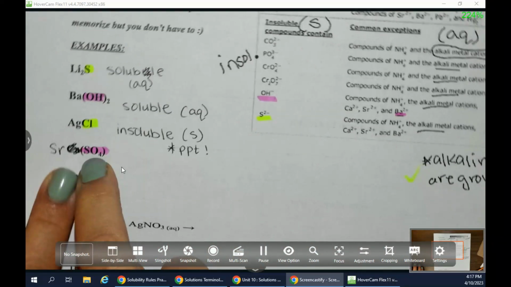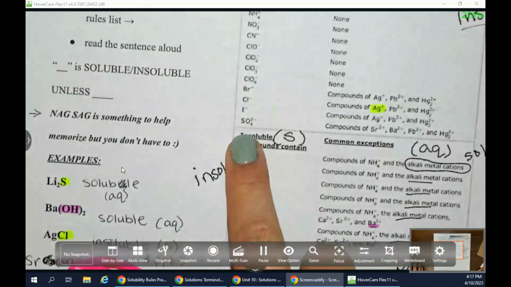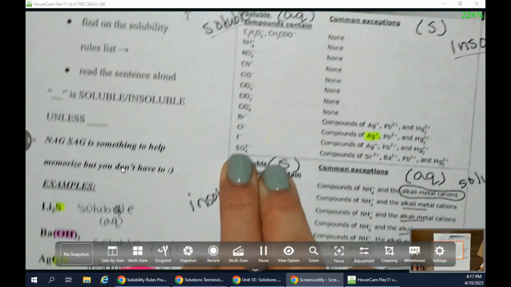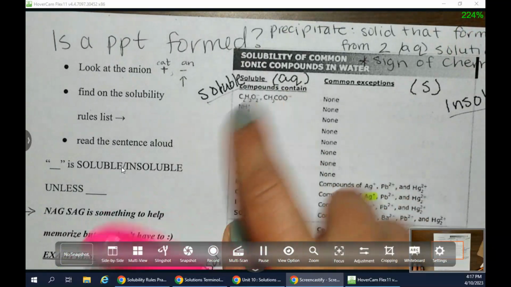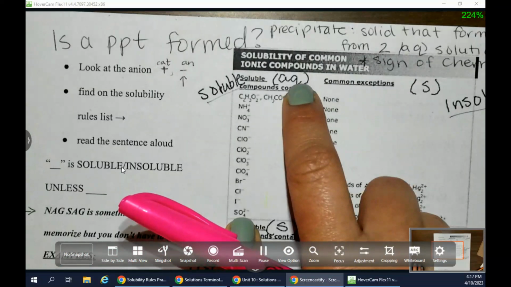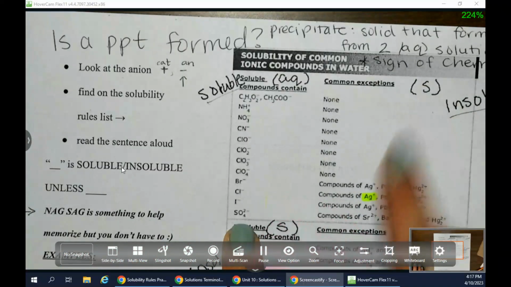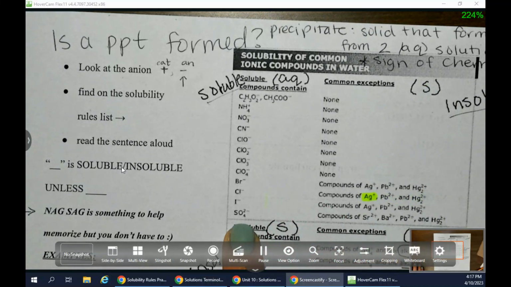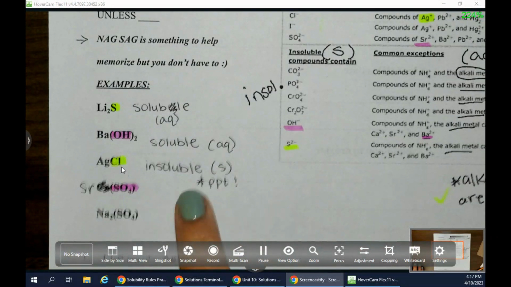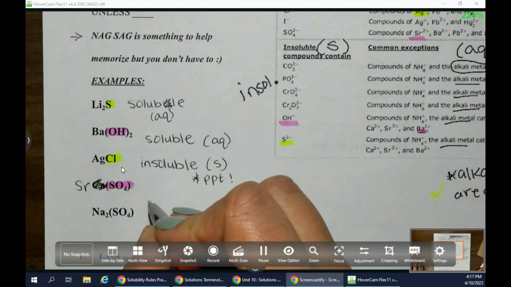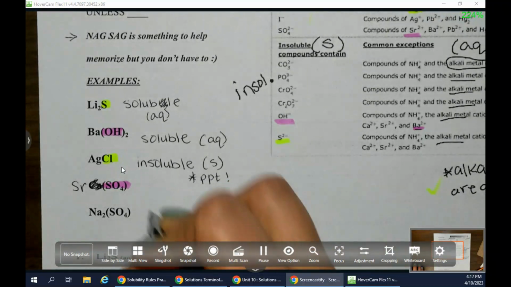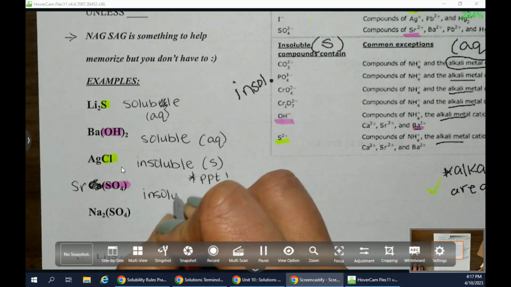So there's our sulfate. I'm going to look down the list. It's up in the top table. So sulfates are soluble or aqueous, they're in solution, unless they're with strontium, barium, lead, or mercury. Is it with one of those? Yes, it's with strontium. So this is also insoluble. Just kidding, this one is, yeah, it is. Sorry. Insoluble.